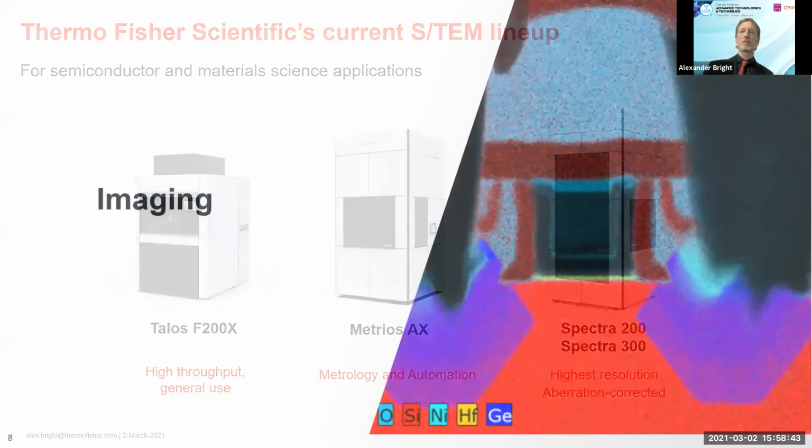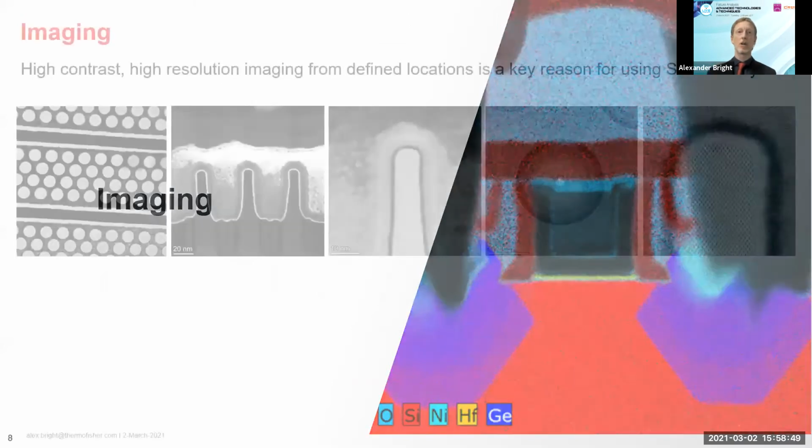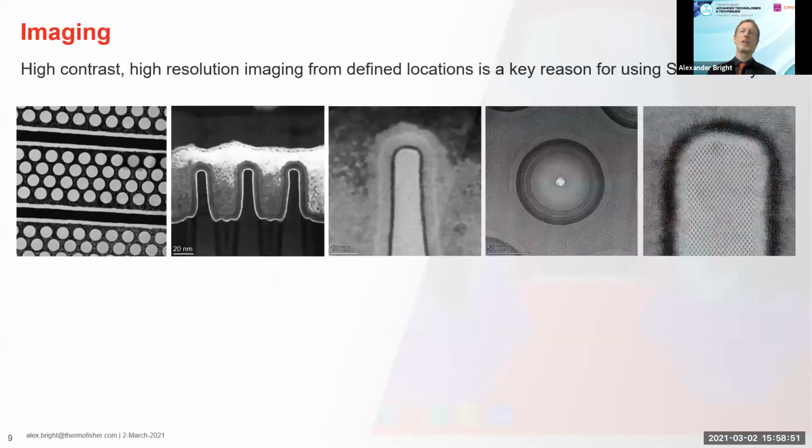So to start just with imaging. Taking really high quality, high contrast, high resolution images is really the most basic use case for STEM and TEM, and is used for a wide variety of materials, including semiconductor devices. And you can see a range of examples of nice images acquired with STEM and TEM here.